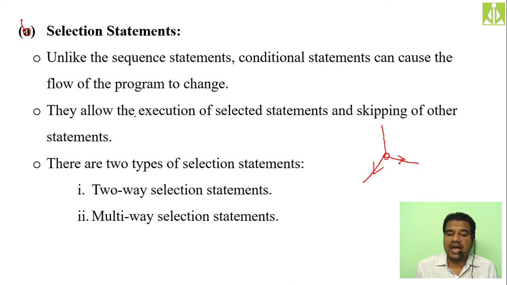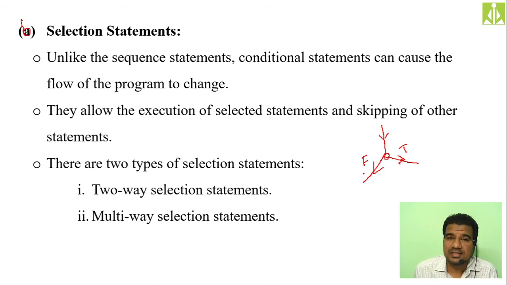They allow the execution of selected statements and skipping of other statements. Why am I saying skipping of other statements? Because the flow is entering this condition from the top, and when it checks this condition, if the condition is true, it goes in this direction, and if the condition is false, it goes in this direction.